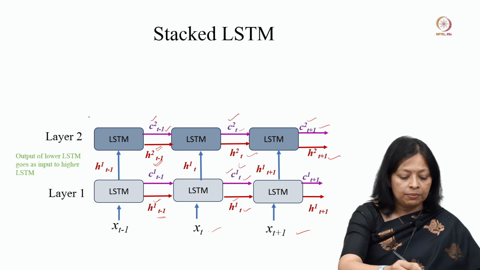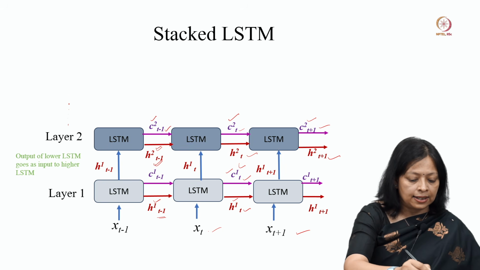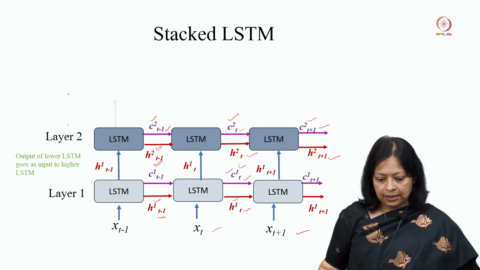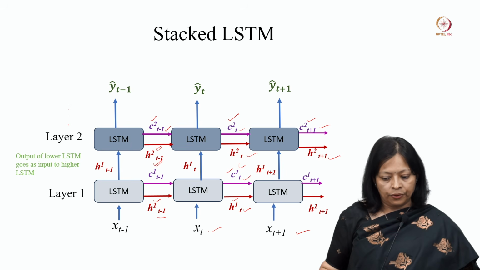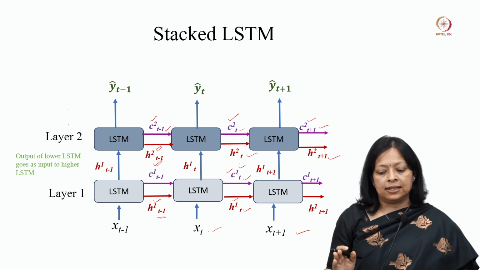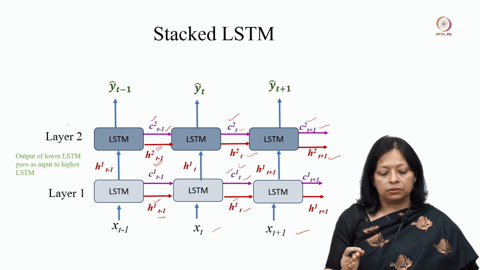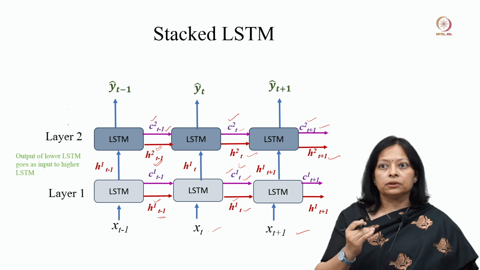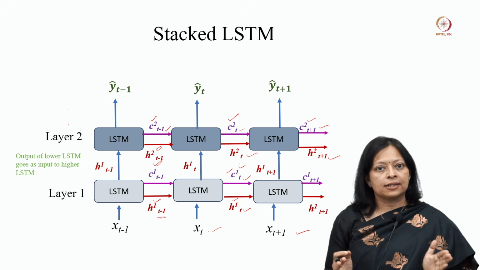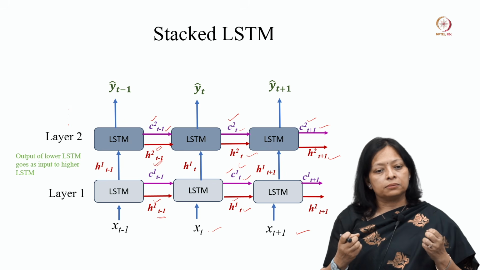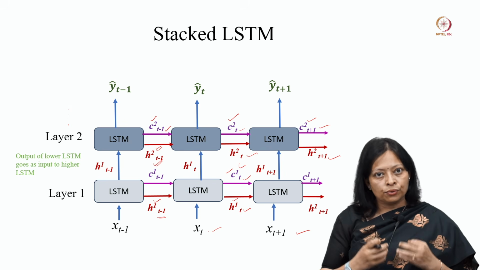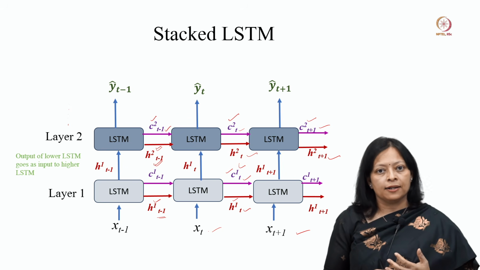There can be multiple layers up like this, like layer 3, layer 4, and we get the output from here. So, these stacked LSTMs are used where there are complex hierarchical features, to capture those complex hierarchical features.